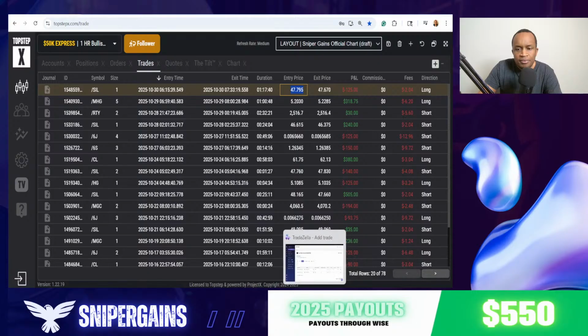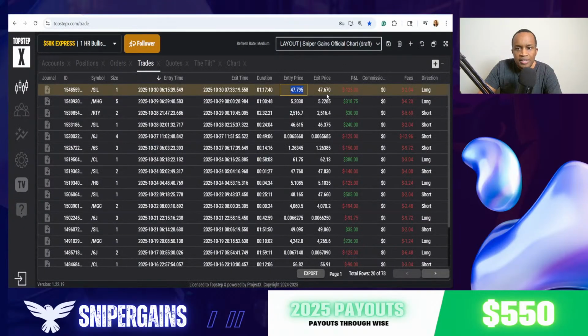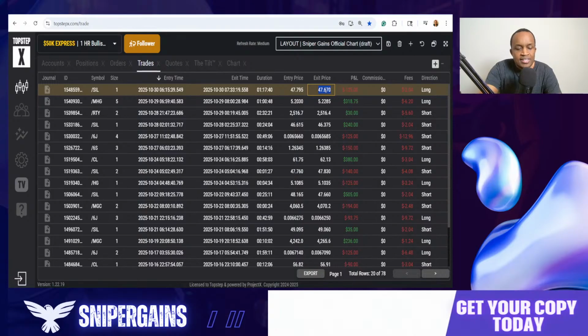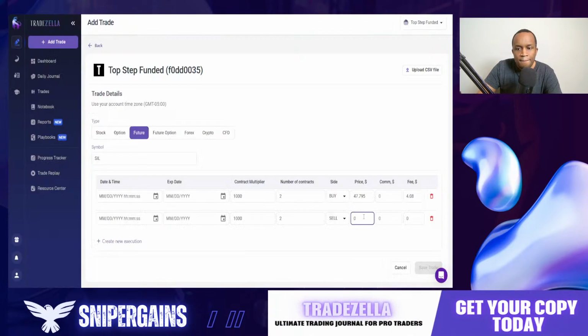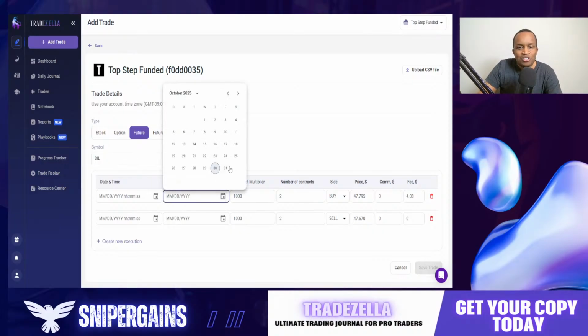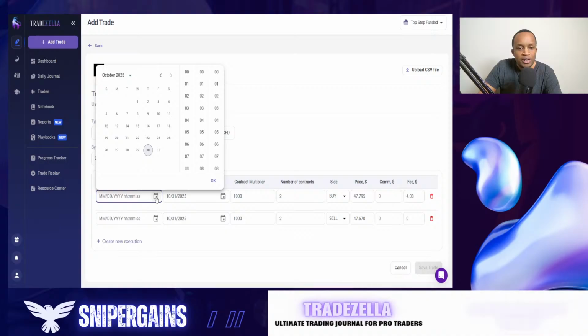So the buy is 47.795. And then we're going to paste it here. And then the sell is going to be 47.670. And then the expiration date, I always just put it at the end of the month. I know it's probably beyond that, but just to keep things simple for me, I just put it at the end of the month.